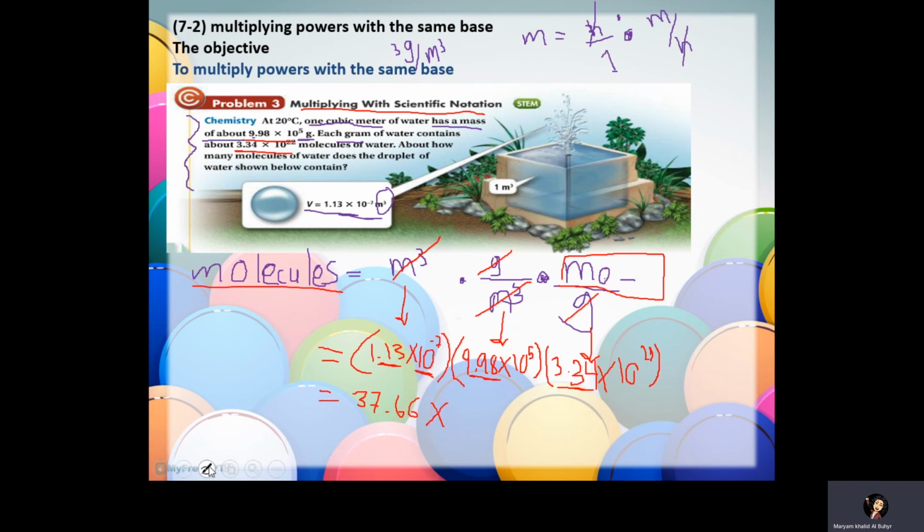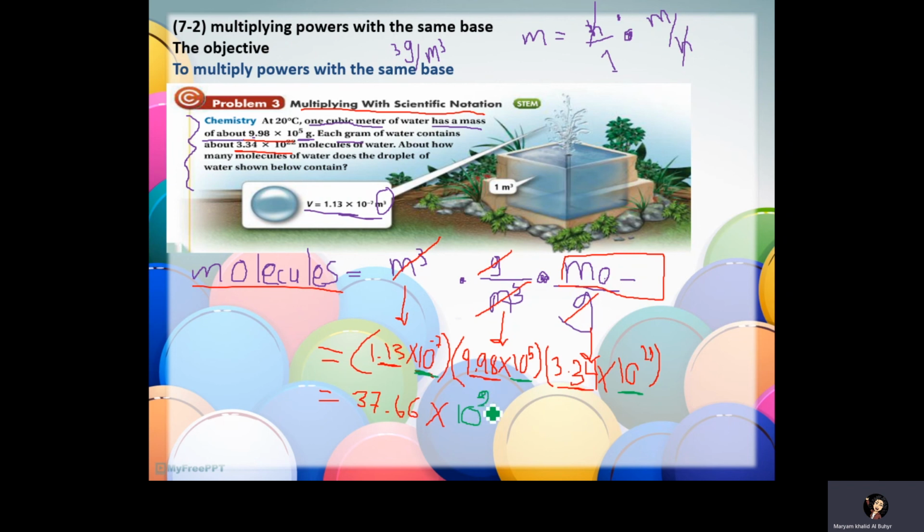Let me change the color for you. So this 10 with this 10 with this 10, they all have the same base. Between them all is multiplication, so just add the powers. So that is 10 to the power negative 7 and 5, which will be negative 2, and negative 2 plus 22 will be 20.